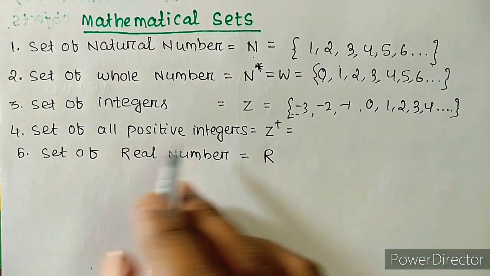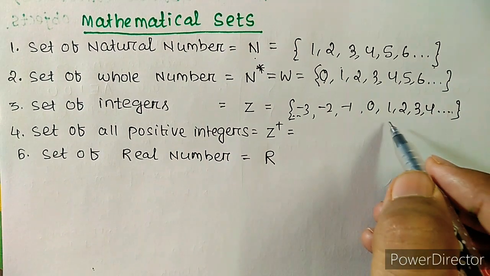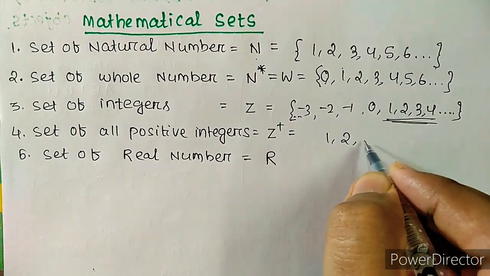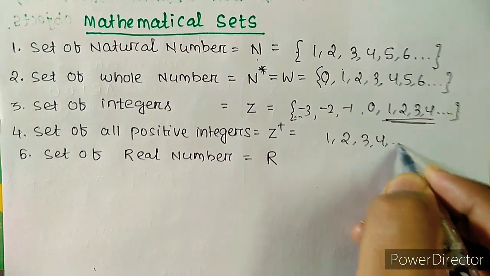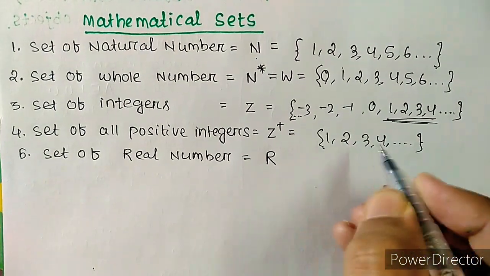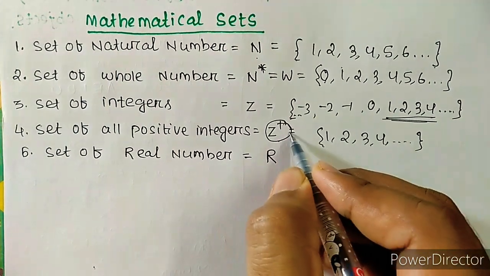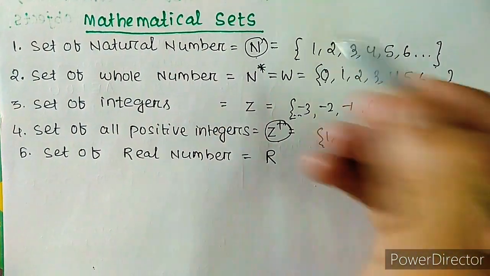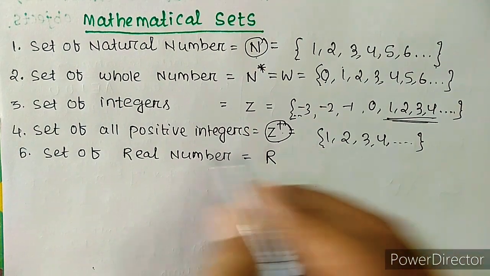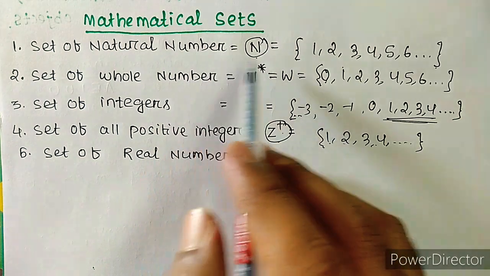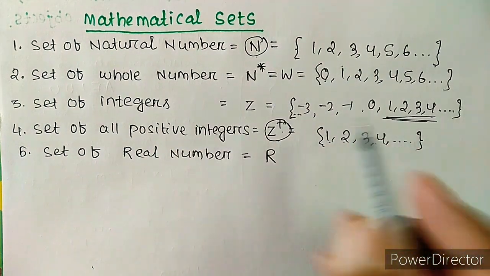And if it is given the set of all the positive integers, that means we have to take only 1, 2, 3, 4 and the rest. We can say that this Z plus is also equal to N, because Z plus means all positive integers, that is 1, 2, 3, 4, and in the natural numbers also it is 1, 2, 3, 4 and so on.